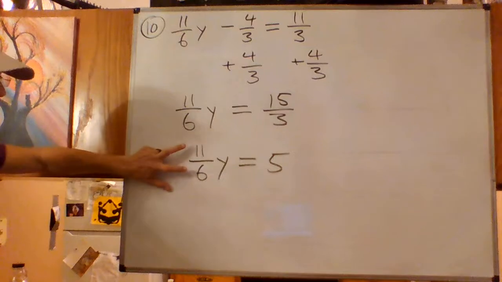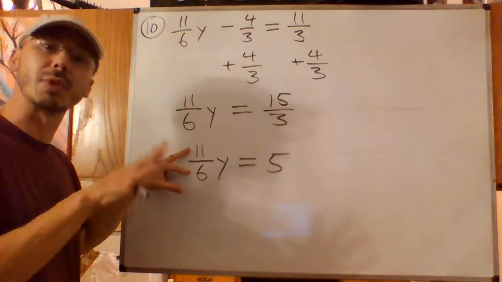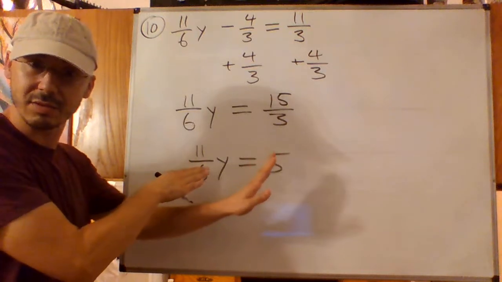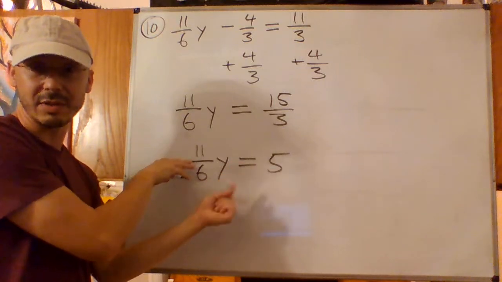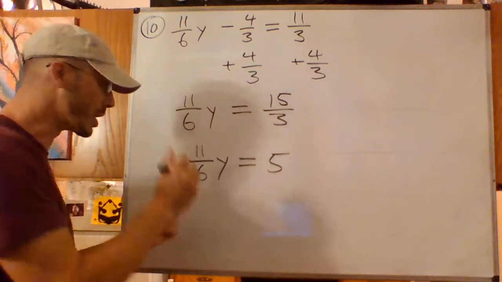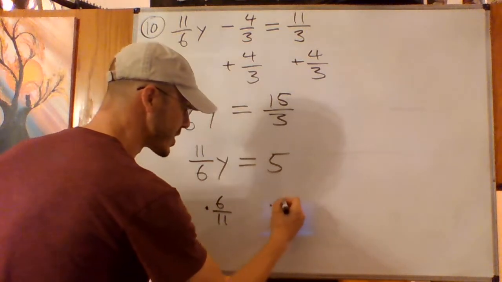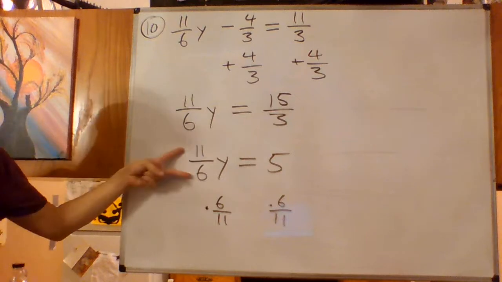And then, to get rid of the 11/6 coefficient, you can multiply by 6 to get rid of the 6 on both sides, and divide by 11 on both sides to get rid of the 11, to get the y isolated. But it's more efficient if you multiply by 6/11ths on both sides. The reciprocal.